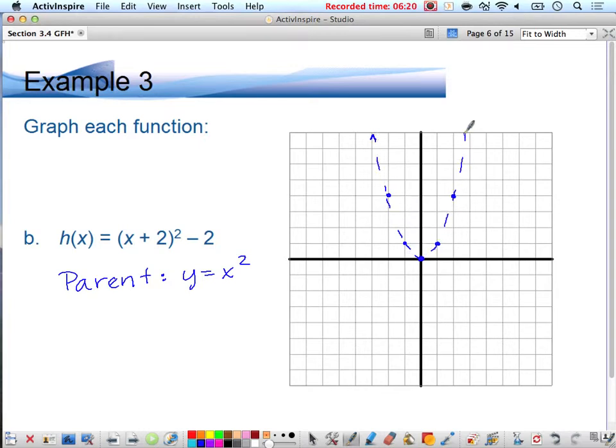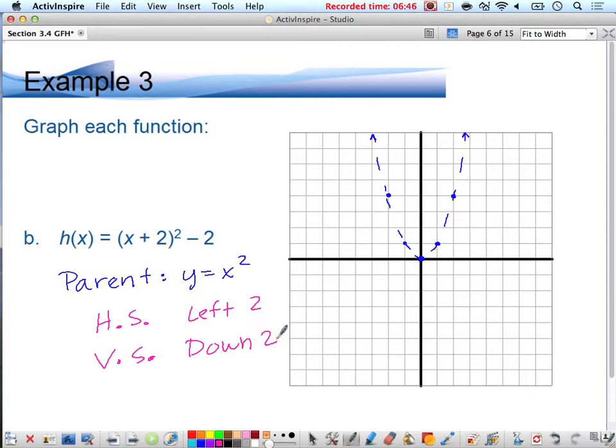That's the parent. Okay? Now if I take that parent and I shift it, what's my horizontal shift? Left 2. Very good. And my vertical shift is down 2. So we need to take all 5 of those points and move them 2 units to the left and down 2 units.